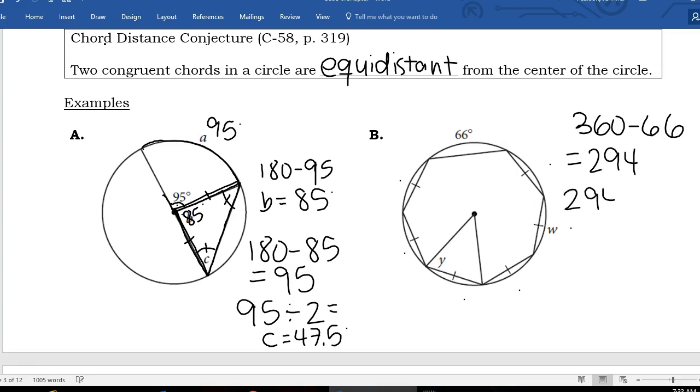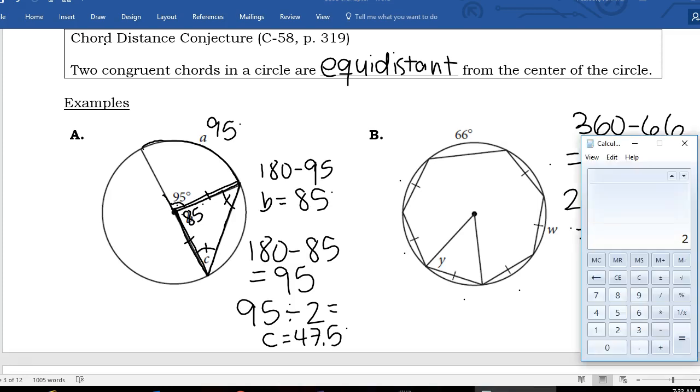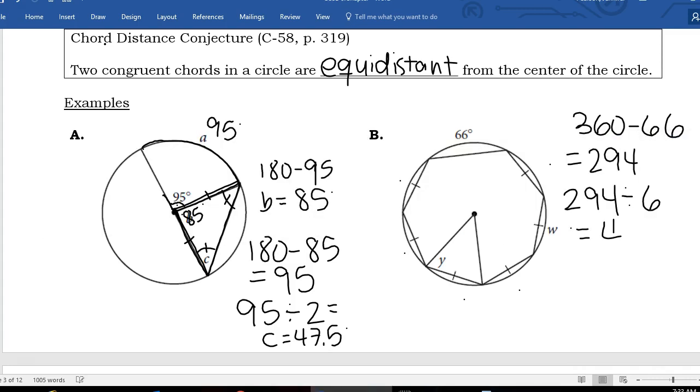So 294 divided by 6 is 49 degrees. So that means that every one of these arcs is 49.